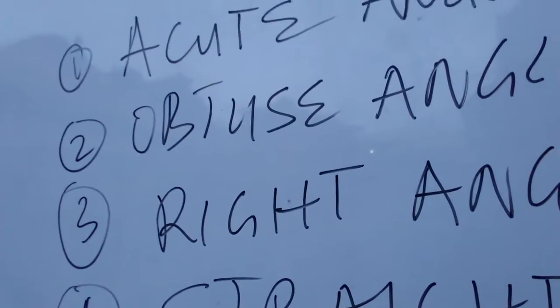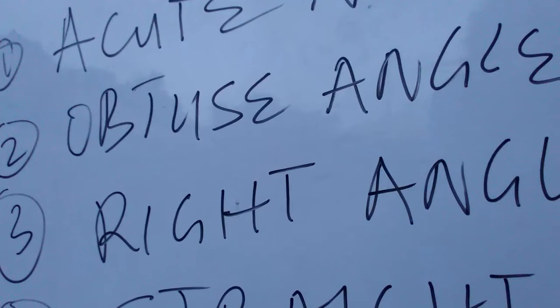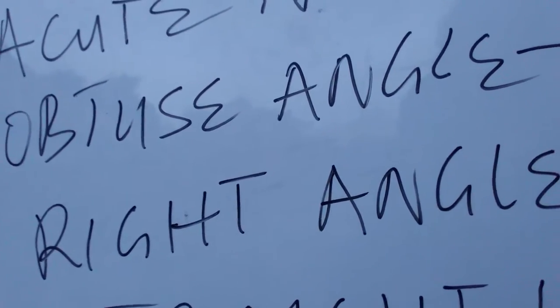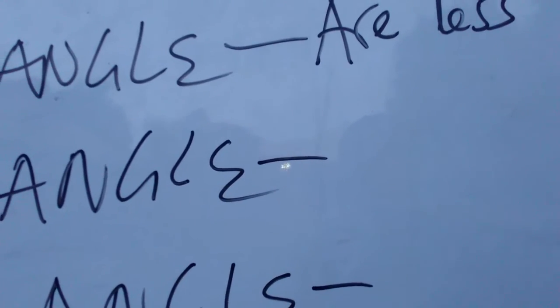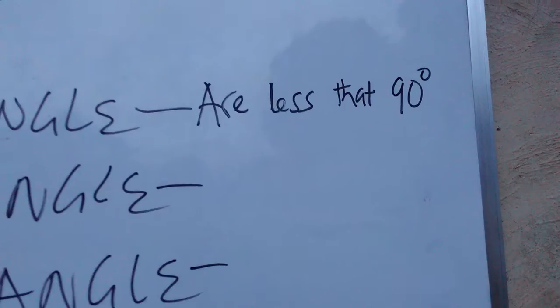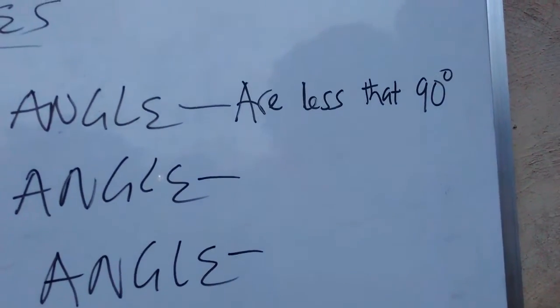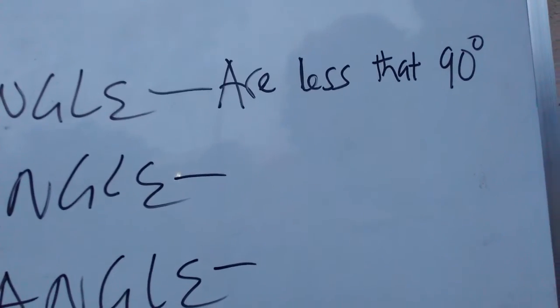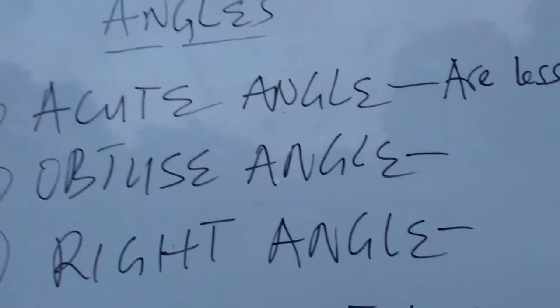The acute angles are angles that are less than 90 degrees. That is any angle from 1 to 89 is an acute angle.